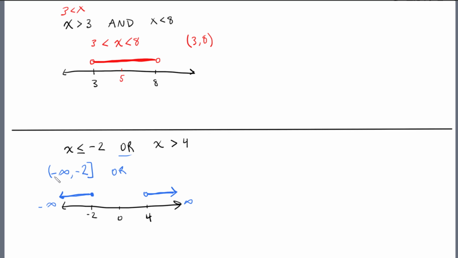Okay, so -infinity to -2, or, oh, that's not a bracket, that's a parenthesis because I can get close but I can't touch 4, and then we go all the way up to infinity, which again, parenthesis because you can't touch infinity. Okay, so notice the difference between and or.